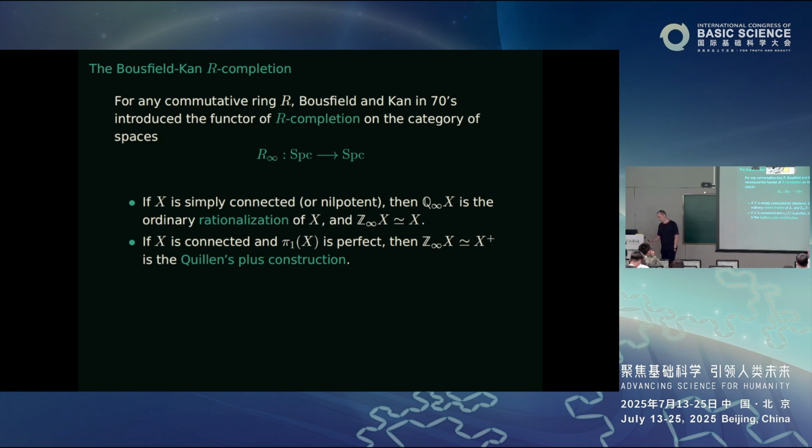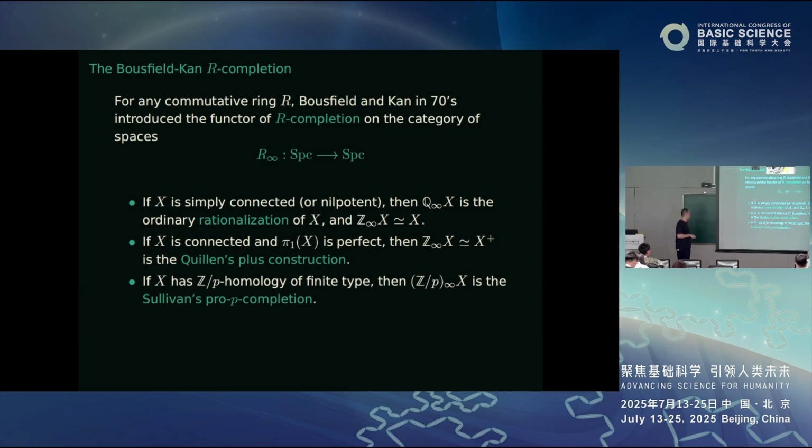For example, this equivalence plus construction is useful in the definition of equivalence K theory, algebraic K theory. And in this definition, you can replace the plus construction everywhere by Z completion. It will be the same. So yes, it is a very non-trivial functor even when R is equal to Z.